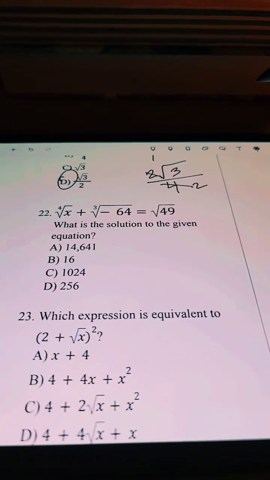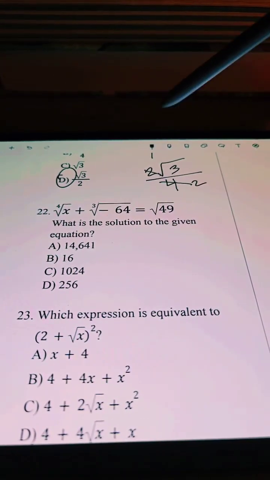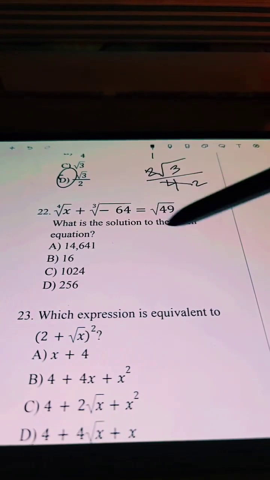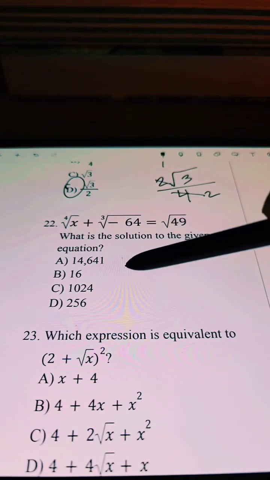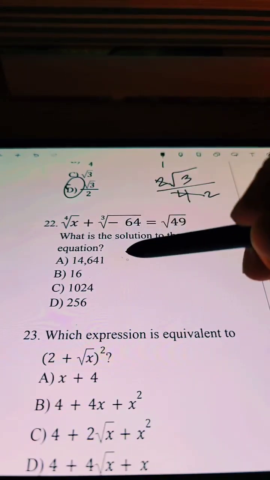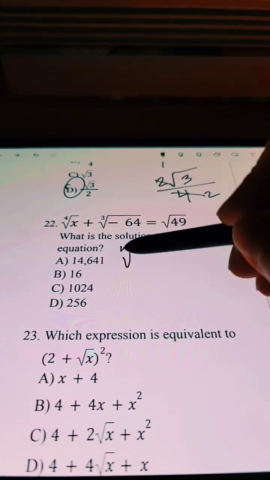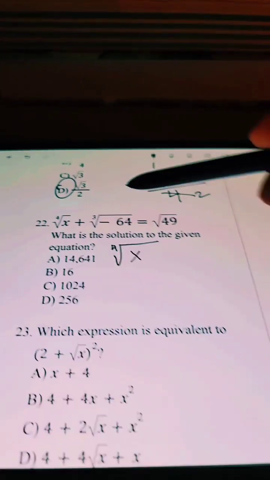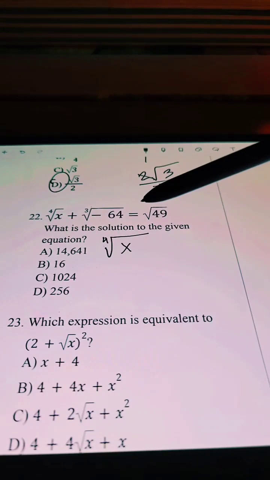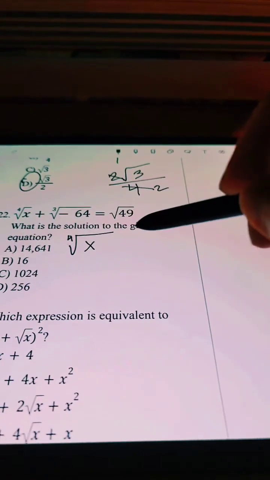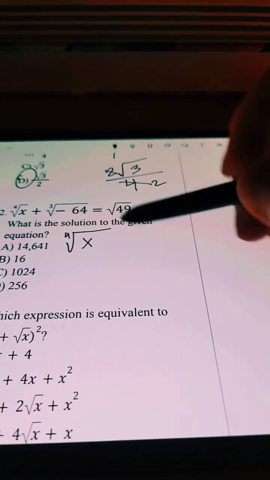Okay, let's go to number 22. So we want to find the solution. So we're solving for x basically. So let's start by simplifying what we can. I'm going to just copy down this part right there. And we know that we can figure out what the cube root of negative 64 is, and that's going to be negative 4. Let me just check. Yeah, that's negative 4.